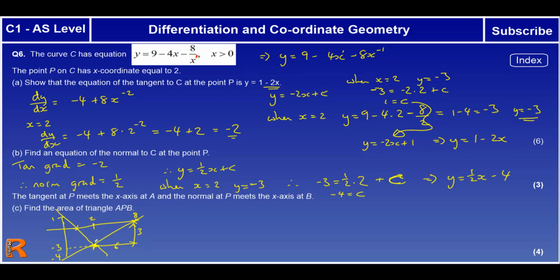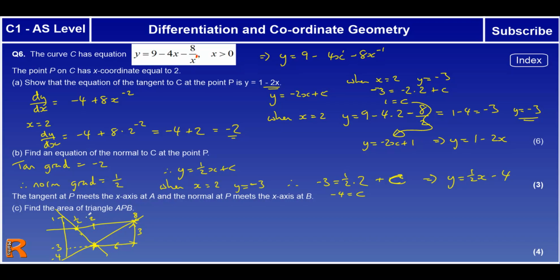Okay, and this one, this gradient was -2, so for every 1 across this way we're going up 2, so that would be -1, and then we go across 1/2 up 1, so that's going to be at 1/2.